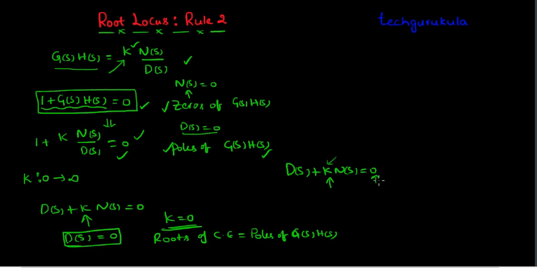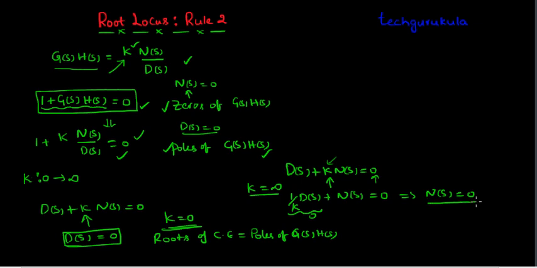So we have to rewrite this taking k common. So we'll have 1 over k times D(s) plus N(s) equals 0. Now we are taking k equals infinity here. In that case, this term becomes 0, and the resultant equation becomes N(s) equals 0.